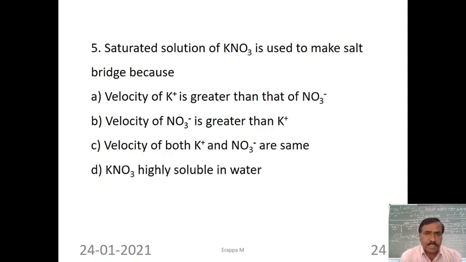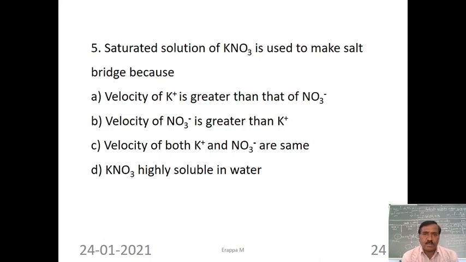Question number 5: a saturated solution of KNO3 is used to make a salt bridge because A, velocity of K+ is greater than that of NO3-, B, velocity of NO3- is greater than K+, C, velocity of both K+ and NO3- are the same, and D, KNO3 is highly soluble in water.